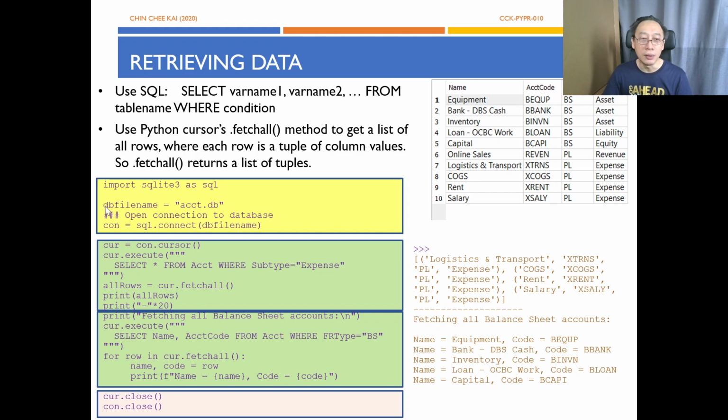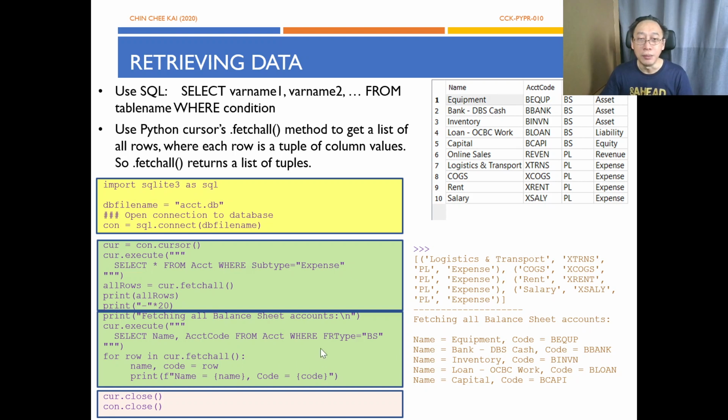Now, the colored blocks here should remind us that whenever we need to interface with SQL, it's always in this order. These three blocks are always in this order. The yellow block is to import and connect to the database in order to establish a connection object. The final block is the white block to close off the cursor and then the connection.